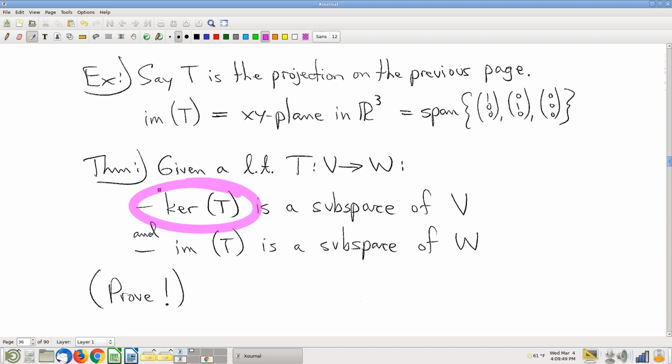So when you try to prove that kernels are subspaces, this is a little bit more of a general statement, but structurally and cosmetically, the way the algebra plays out is going to look an awful lot like the proof in the notes for showing that homogeneous solutions are a subspace.